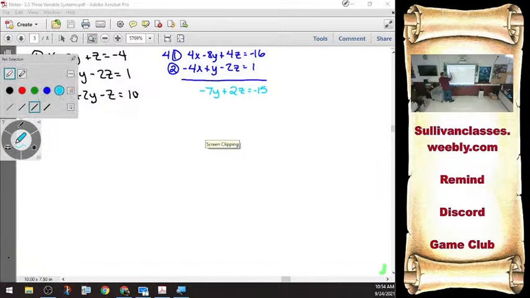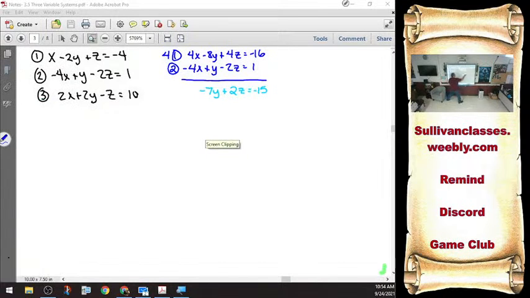Okay. So I'll use negative 2 with equation 1 times a negative 2. Negative 2x times a negative 2 plus 4y times a negative 2 minus 2z times a negative 2, 8, with equation 3. 2x plus 2y minus z is 10.